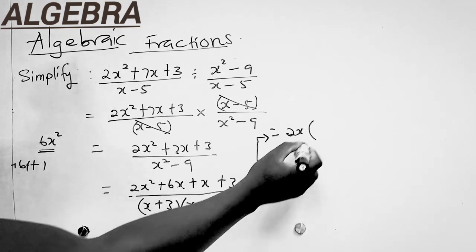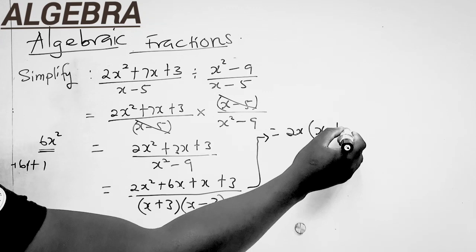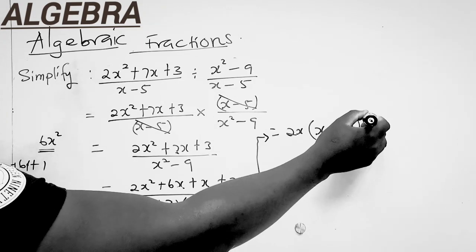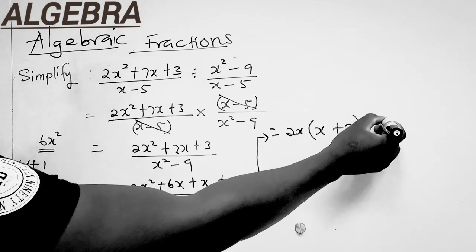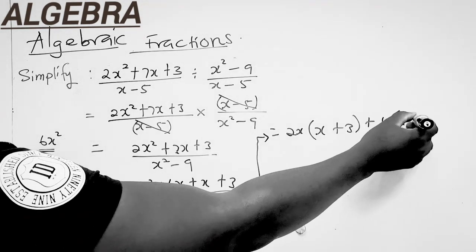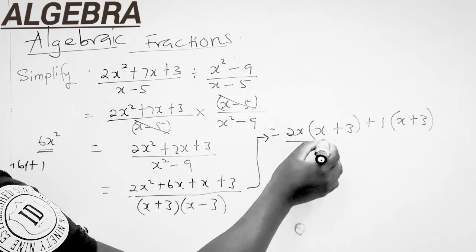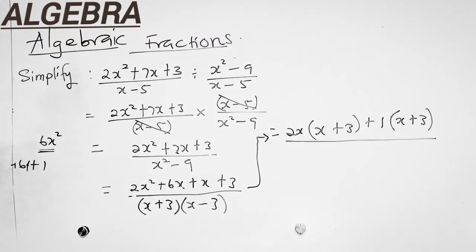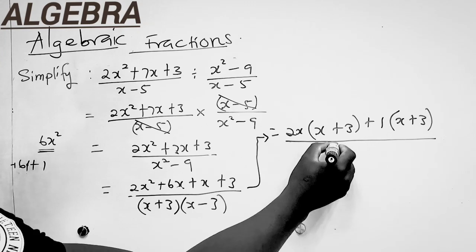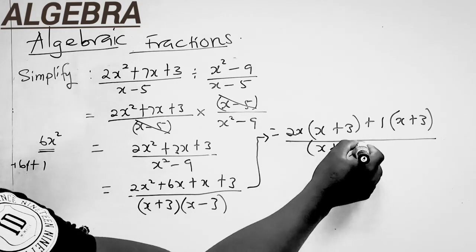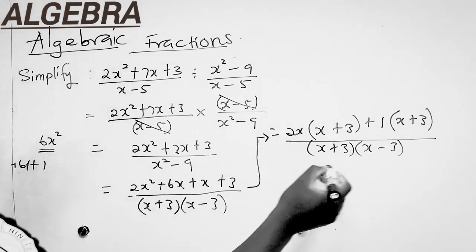I'm left with x plus 3. Then the common factor between these two terms is 1, x plus 3, all over x plus 3, x minus 3.